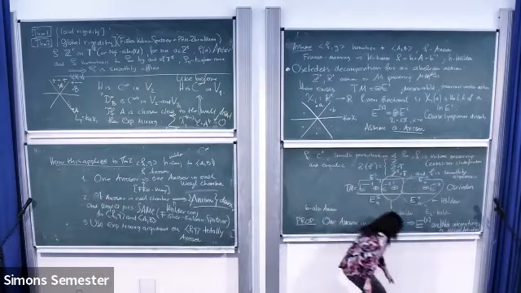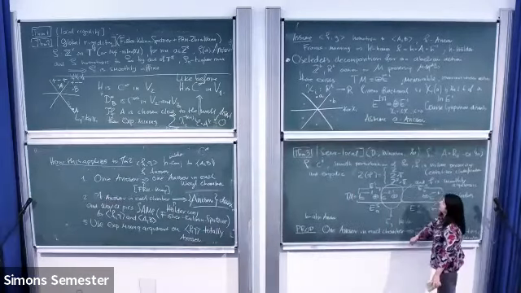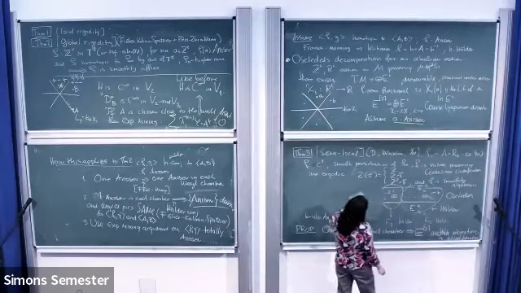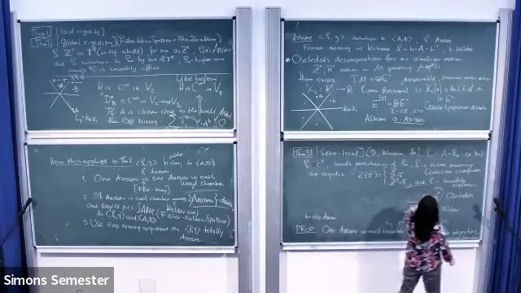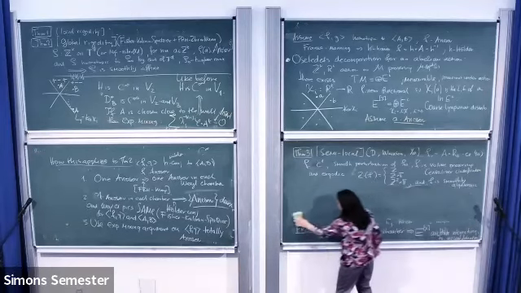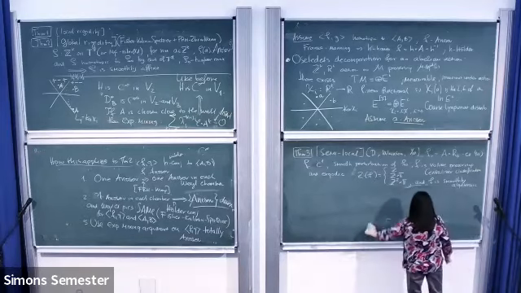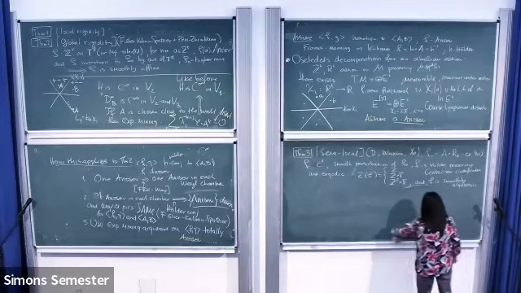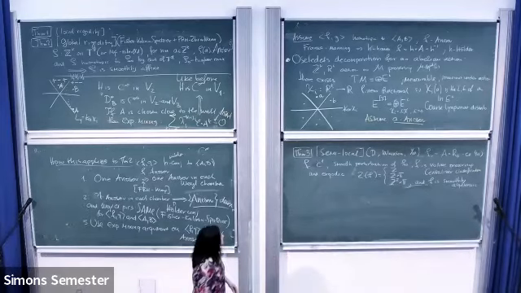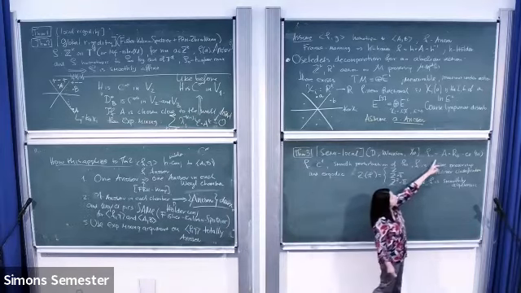Now I want to show you, or not to show, but maybe what happens here in the semi-local case. In the semi-local case, let's go back. So we start with a map which is like this.